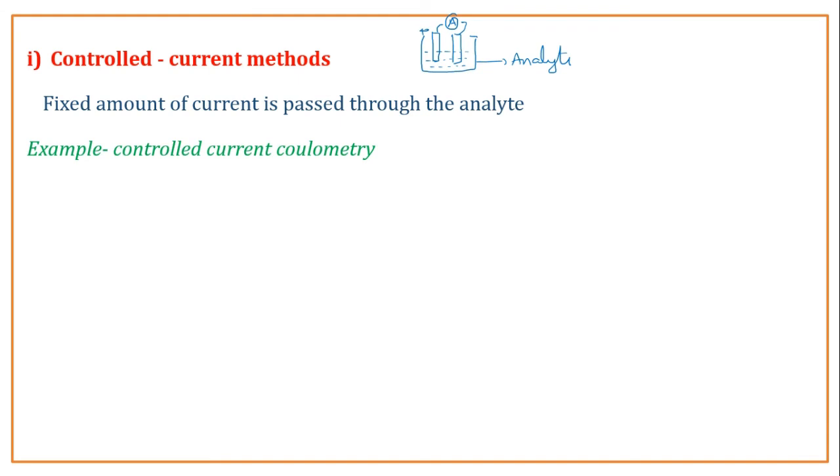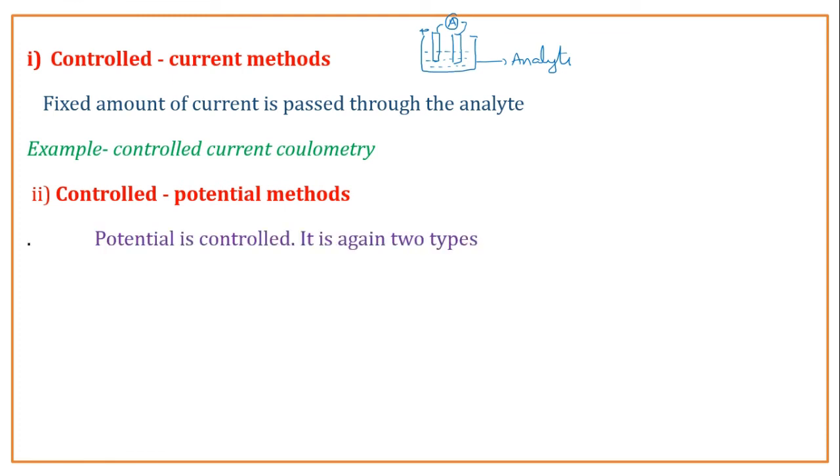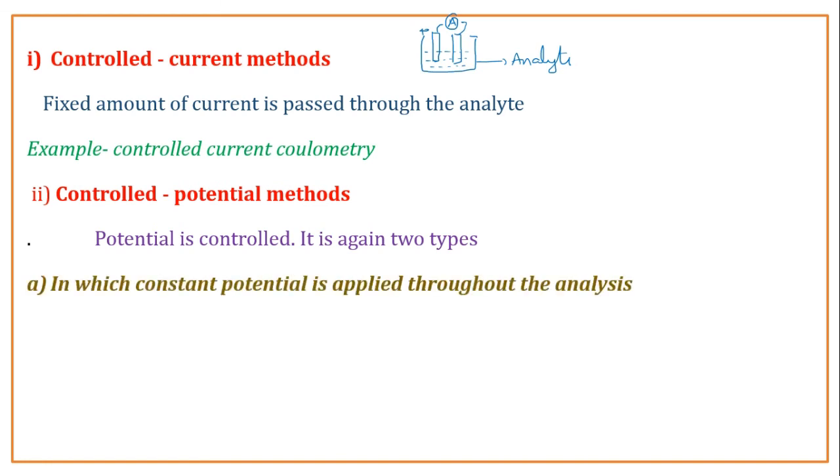The second one is the controlled potential method. What is the controlled potential method? Here the potential is controlled, and it is again of two types. The first is where a constant potential is applied throughout the analysis. We are not changing the potential.